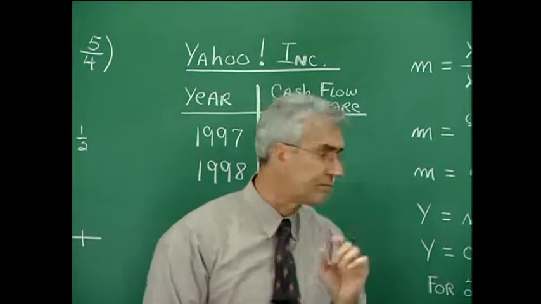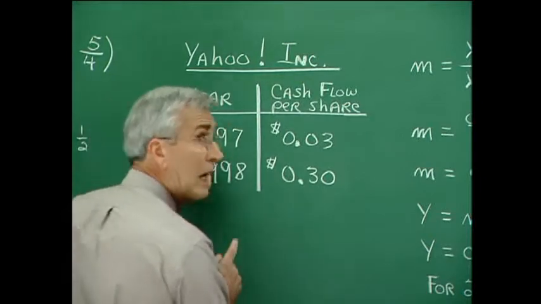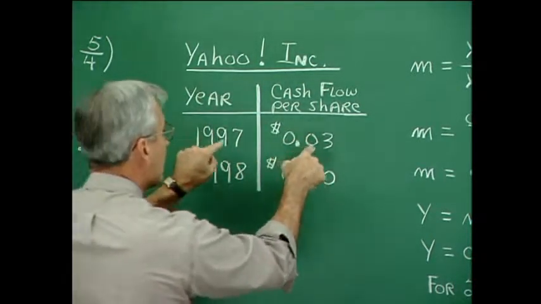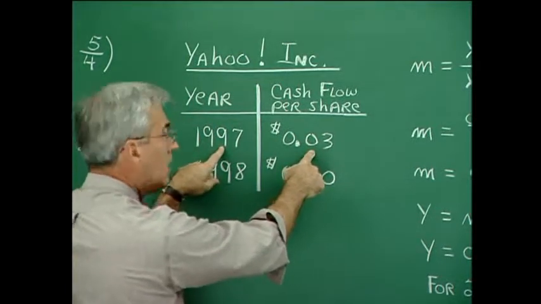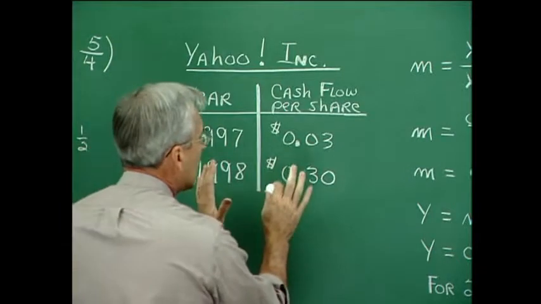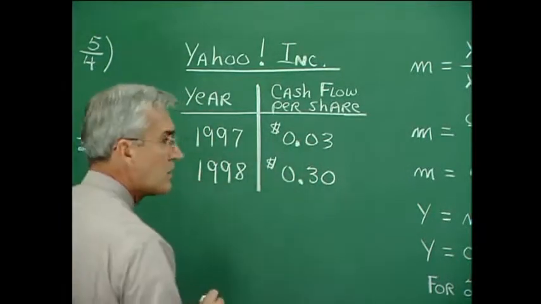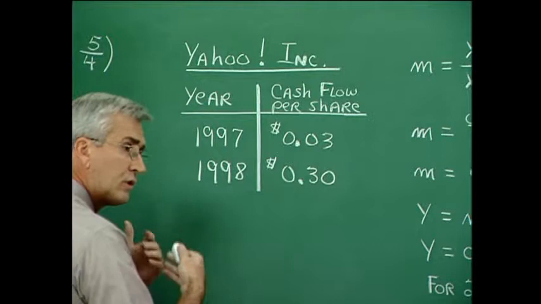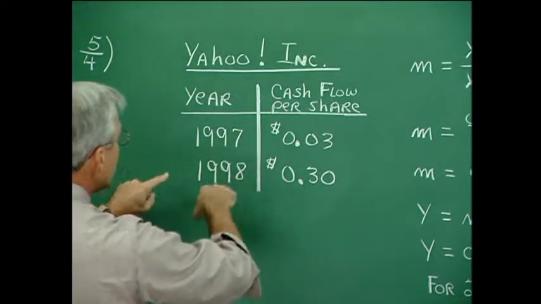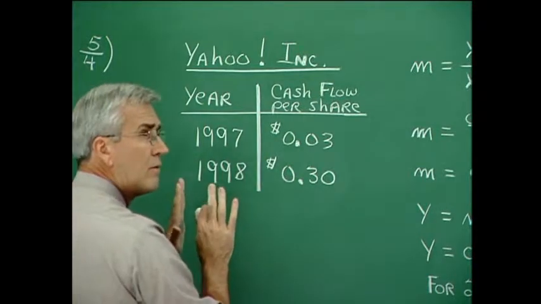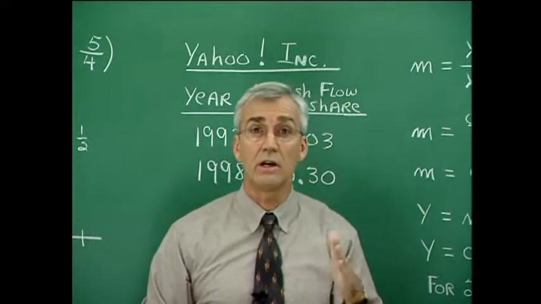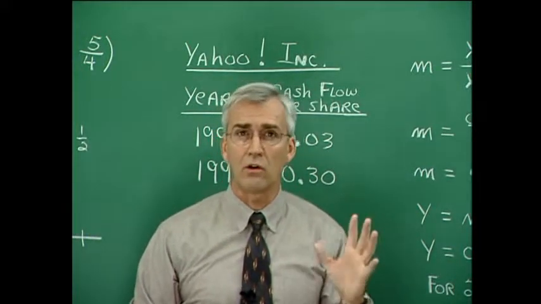We have 1997, a number associated with another number. So we have a pair of numbers, an ordered pair. Here we have another ordered pair. Now, let's configure these ordered pairs in such a way that we can introduce these graphically. A good way to do that is like this. When you have years involved, try to come up with a basis year, a year where you're starting your evaluation.